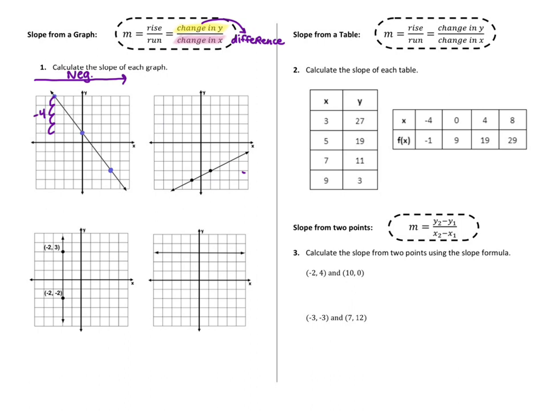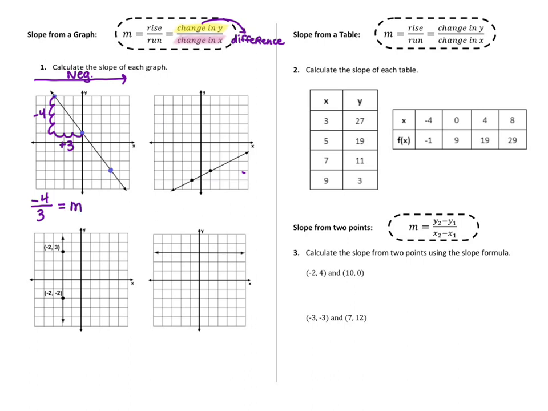So my rise is negative 4, or 4. And my run is 1, 2, 3. That's a positive 3 because I'm moving to the right. So my slope should be negative 4 over 3. That cannot be simplified, but we would if we needed to. And so that is actually my answer.